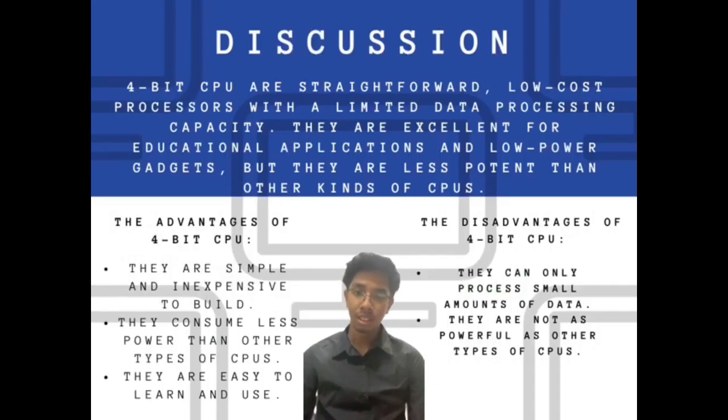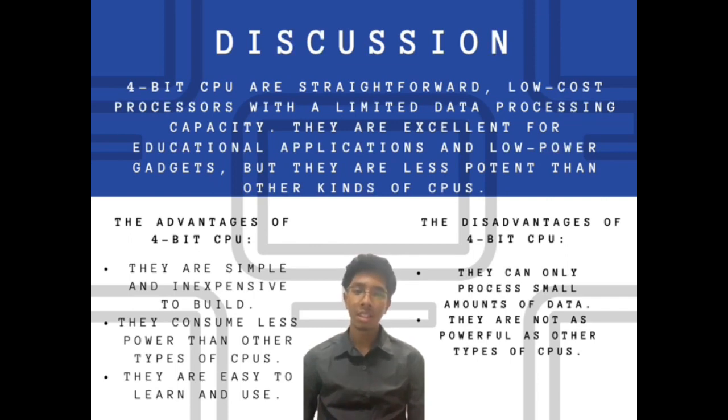For the discussion, the 4-bit CPUs are straightforward, low-cost processors with a limited data processing capacity. They are excellent for education, applications, and low-power gadgets, but they are less potent than other kinds of CPUs.